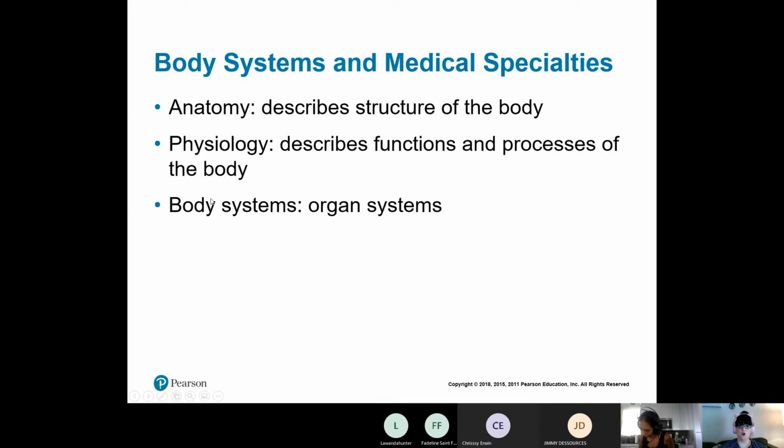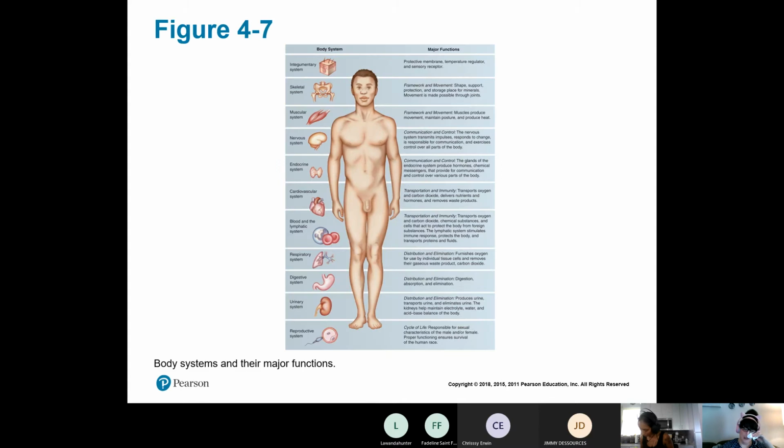Our body systems are basically the organs, and they all have their groups, like the respiratory organs and the digestive organs and so forth. This picture here breaks down our systems.